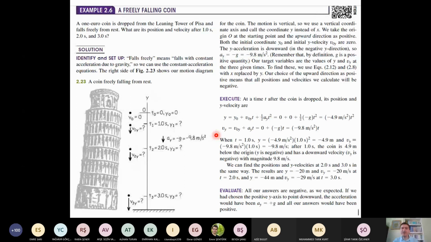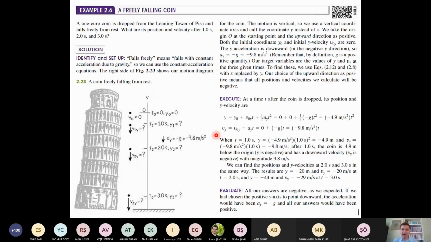So these are calculated. What do you see here? Y we have here for the 1 second minus 4.9 meter, and velocity is minus 9.8 meter per second. And for the 2 seconds, we have minus 20 meter for the y and minus 20 meter per second for the velocity.